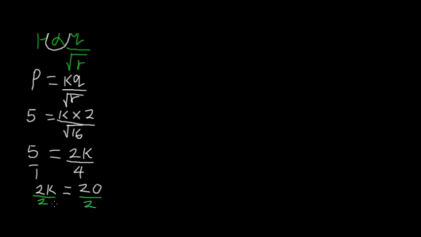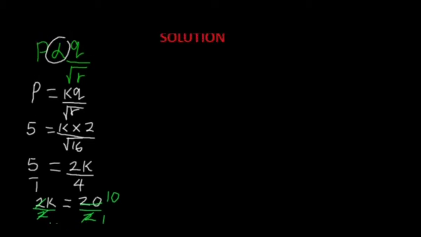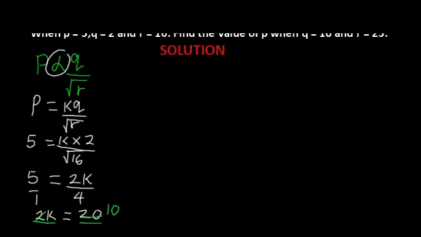Divide by 2, so that 2 cancels 2. So that my K, the constant of proportionality, becomes 10. So K is 10. So having known K, we can therefore calculate the law that connects them together.